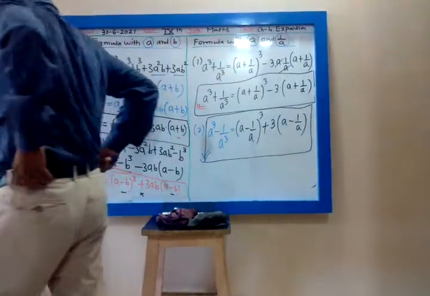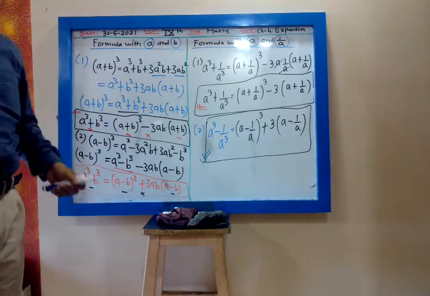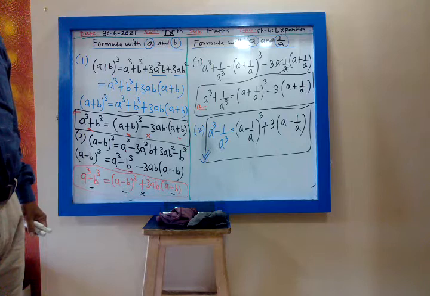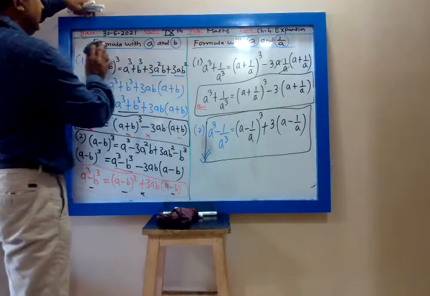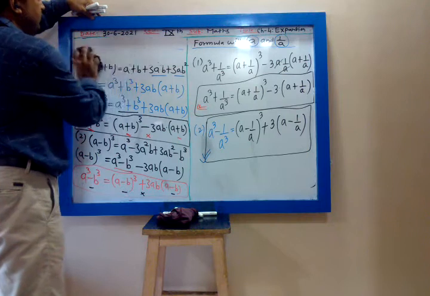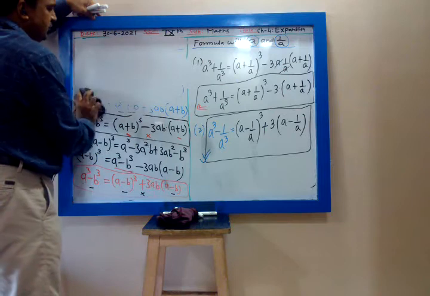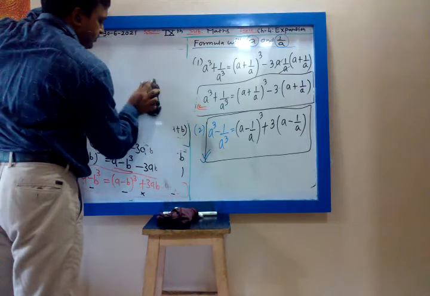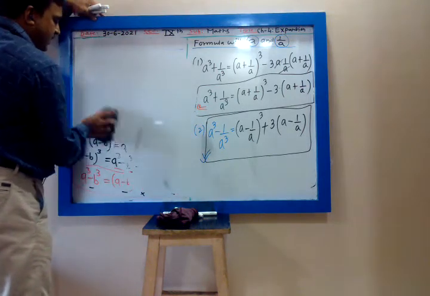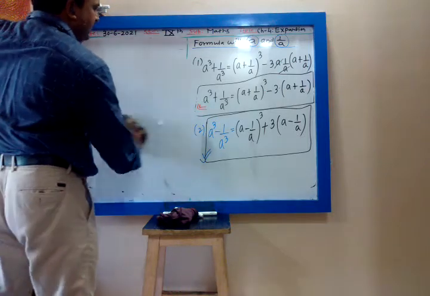Now based on these formulas, we have to solve our exercise 4b: (a + b) whole cube, (a − b) whole cube, a³ − b³, a³ + b³, and (a + 1/a) whole cube, (a − 1/a) whole cube.